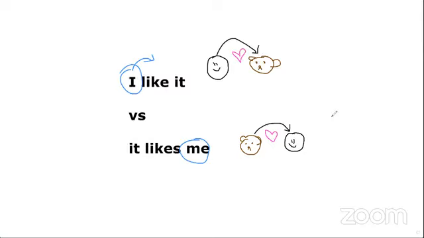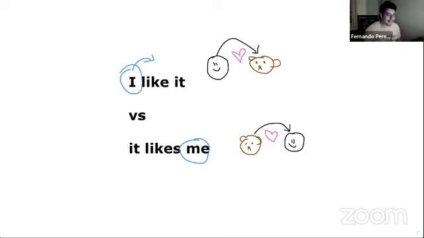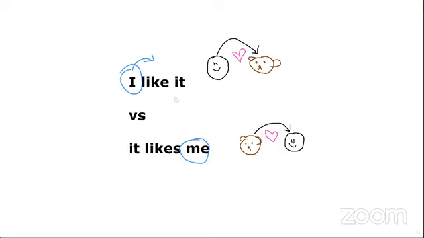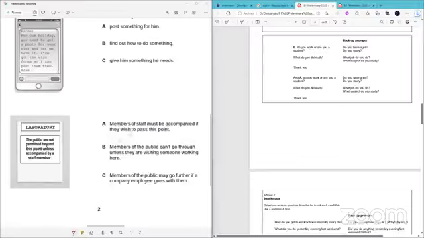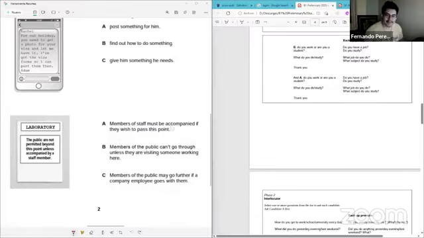It's not the same. You see? So the same problem happens in this exercise. Members of staff must be accompanied. Incorrect. It is the public who must be accompanied, not the members of staff.